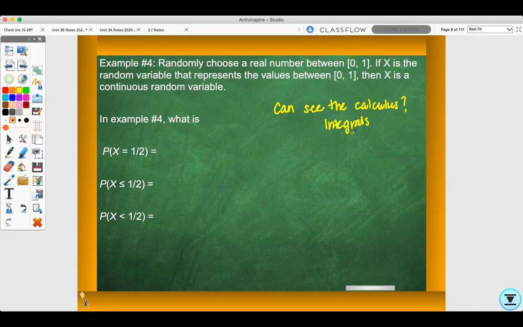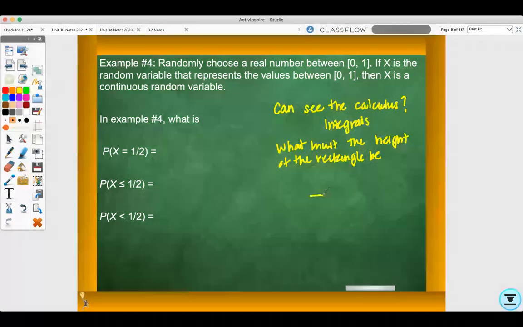And then what must the height of the rectangle be? Because my interval goes from 0 to 1, my height of this would have to be 1.